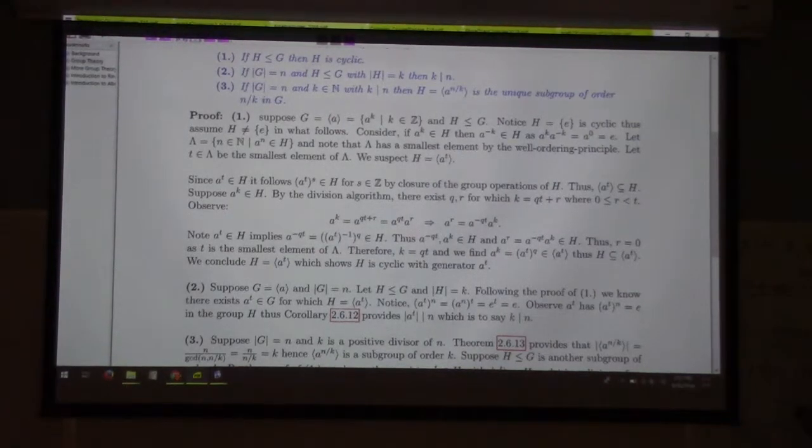So r must be 0, but r being 0 is exactly what we want, because if r is equal to 0, then k is equal to qt, which is to say that a to the k is in the cyclic subgroup generated by a to the t. So that demonstrates, in fact, that a to the t does serve as a cyclic generator.